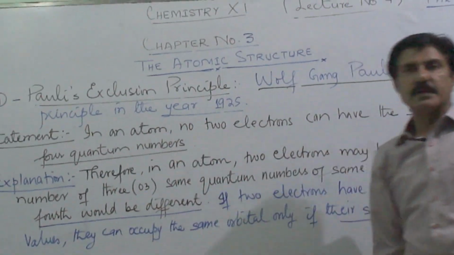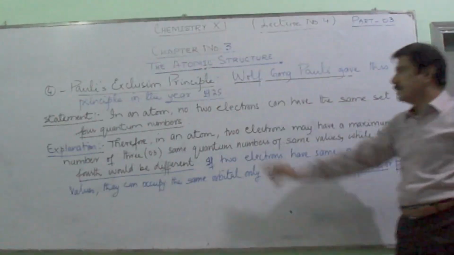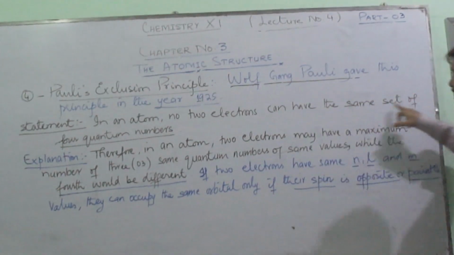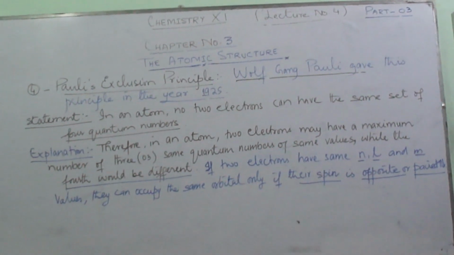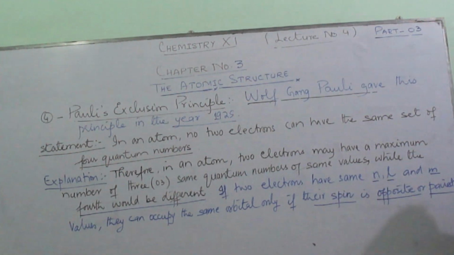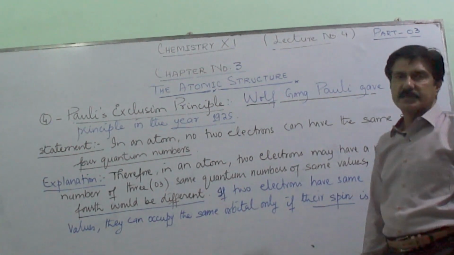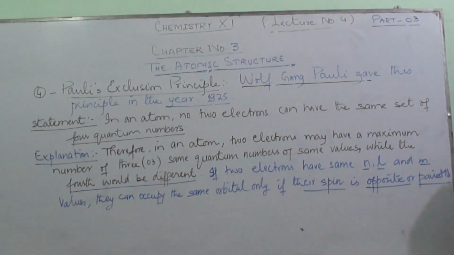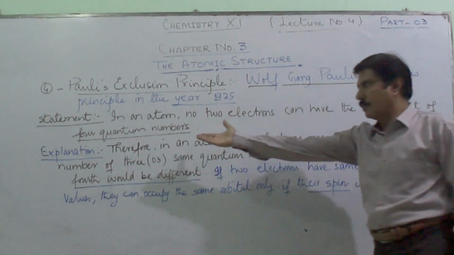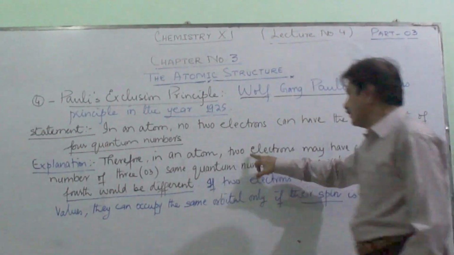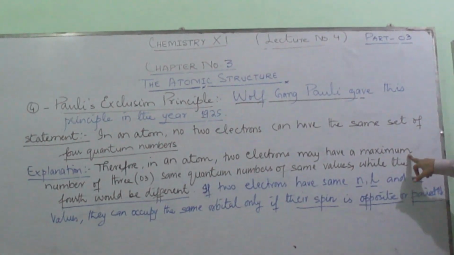The statement of the rule says that in an atom, no two electrons can have the same set of 4 quantum numbers. Means in the same atom, two electrons cannot have the same values of all the 4 quantum numbers.